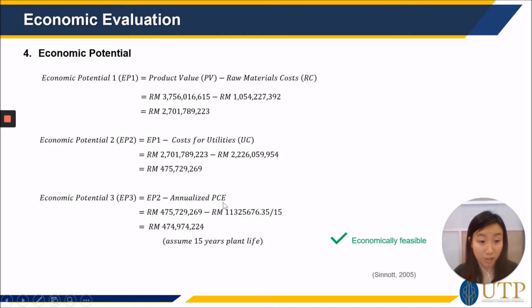PCE is the purchase cost of equipment. We assume 15 years of plant life and we get this amount. After evaluating the economic aspect of our plant, we can say that our plant is economically feasible because after considering the raw material cost, cost of utilities, and annualized PCE, we still can earn 474,974,224 ringgit per year. So that's all for the economic evaluations part.